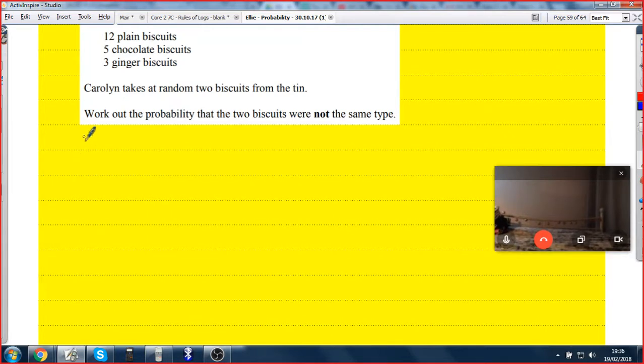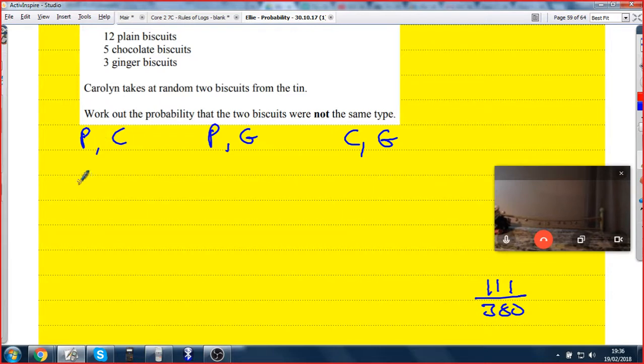Plain and chocolate. Yeah. Plain and ginger. Yeah. Chocolate and ginger. Yeah. If you worked those out, you would get 111 out of 380. So if you take a plain then a chocolate, they're not the same.